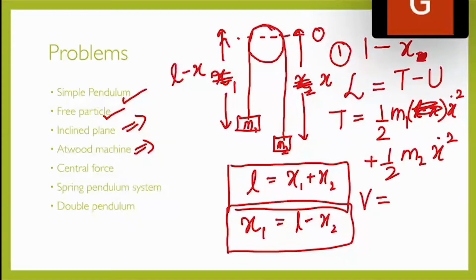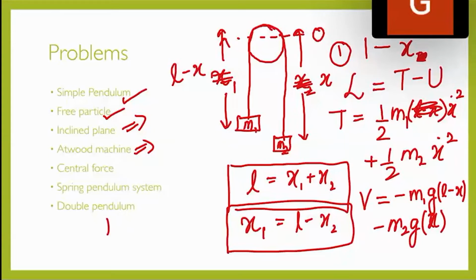It's 0. 0 is here, so it will be minus M1 G (L minus X) minus M2 G X. This is your potential energy. So now you can do this on your own also.